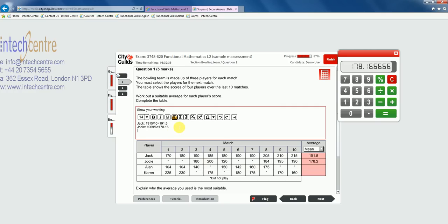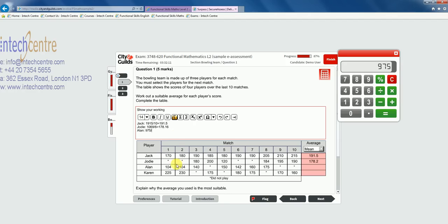I'm just going to round this to 178, to one decimal place. So we have Alan. His scores of 104 plus 104 plus 140 plus 150 plus 142 plus 160 plus 175. This gives me a score of 975.